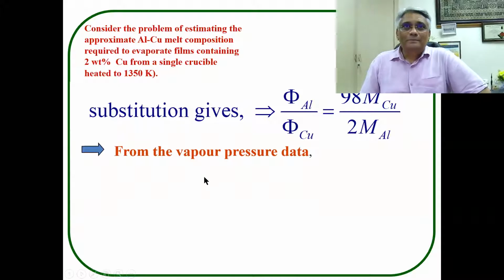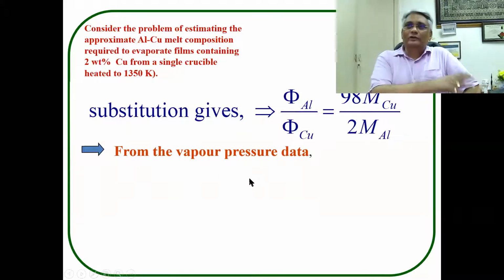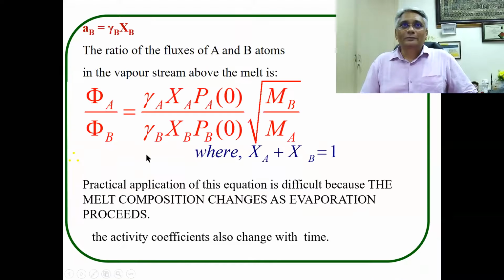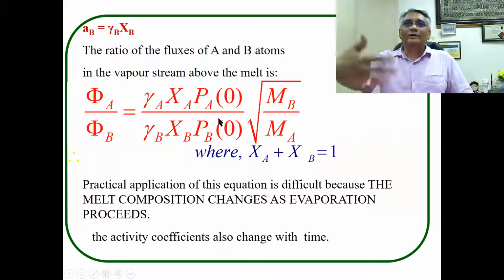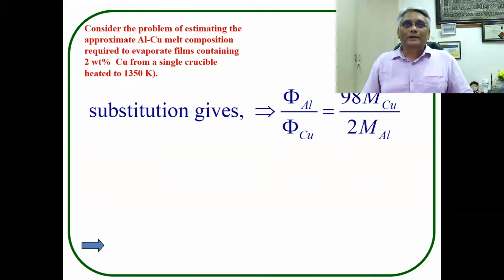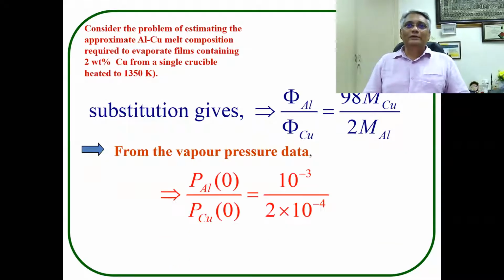Now, you can go back to the vapor pressure data because you need some information to be plugged into that equation, right? What you need is the vapor pressure information. This you can straight away get from the vapor pressure tables, okay? Now from the vapor pressure data, this ratio is 10 raised to minus 3 divided by 2 into 10 raised to minus 4.